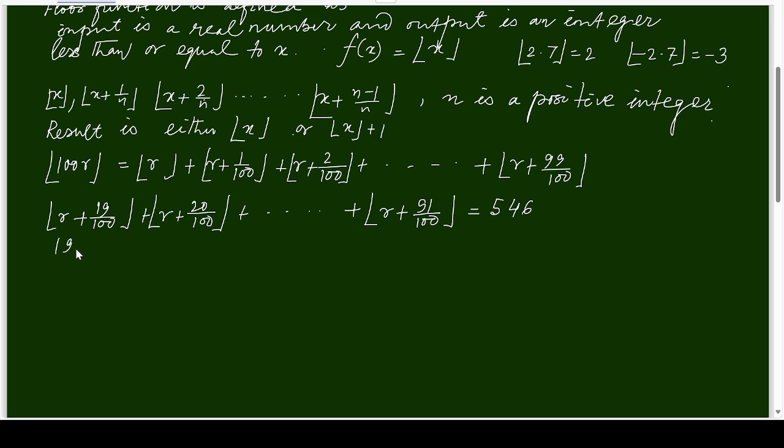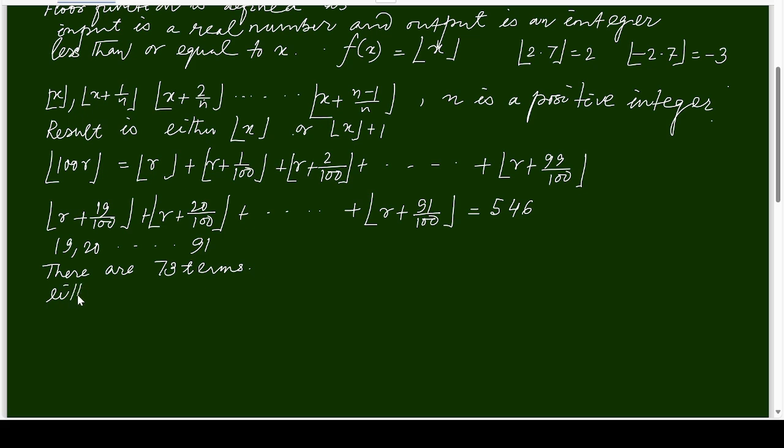The first term is 19 up to 91, so there are 73 terms.